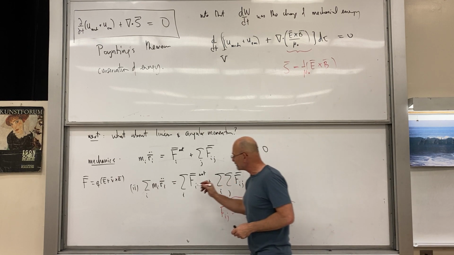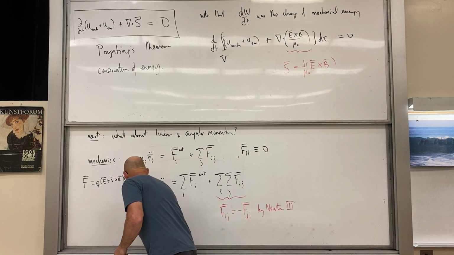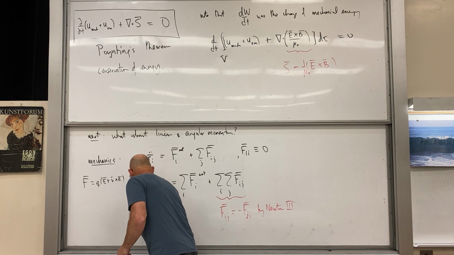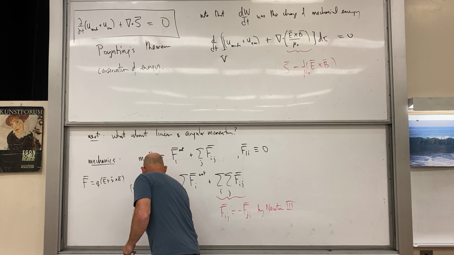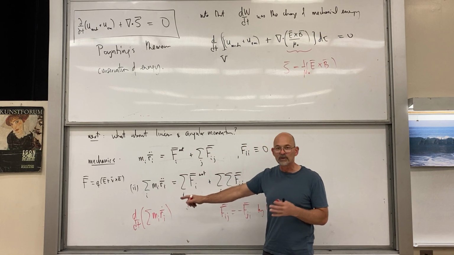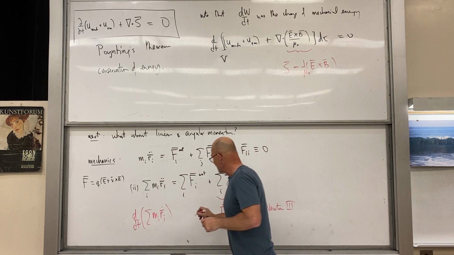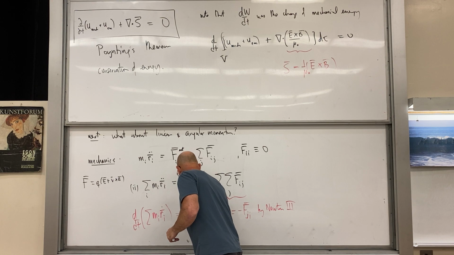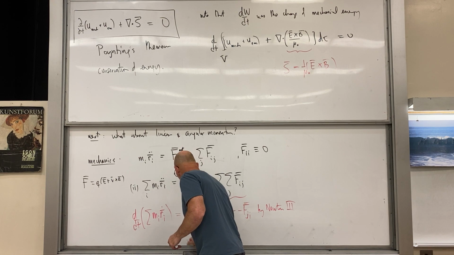And then what you were left with was d/dt of the sum over m_i r_i dot. So this was, of course, the total linear momentum of the system, and that was equal to the net external force.